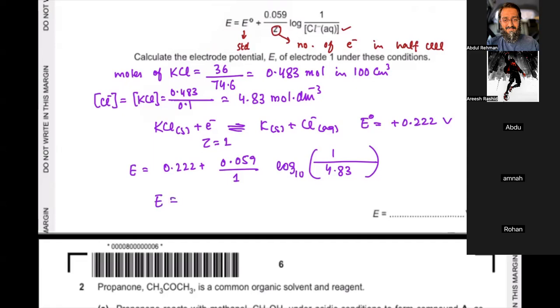If we calculate it, it is going to be 0.182 volts. So the value is 0.182 volt. Till here, is this clear to all of you? Okay.